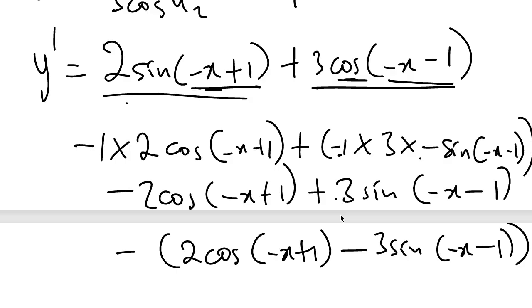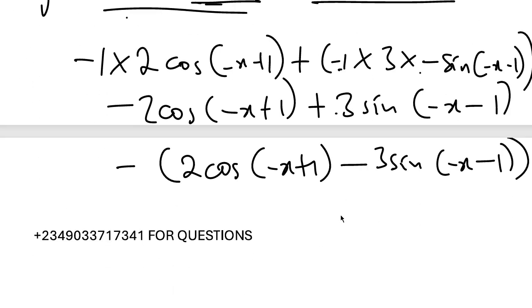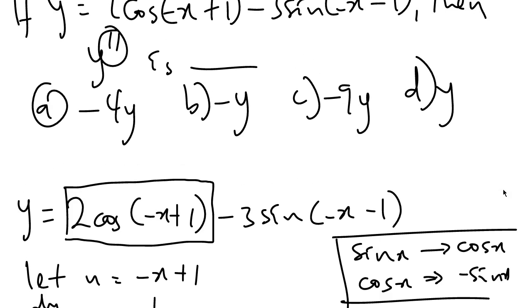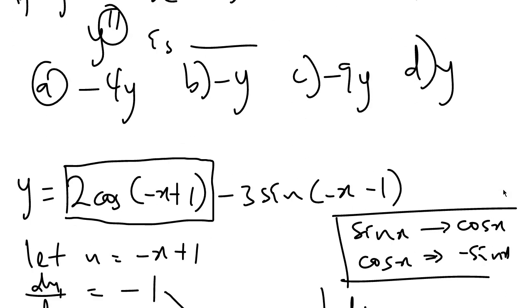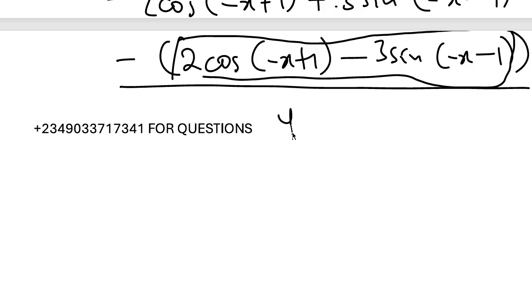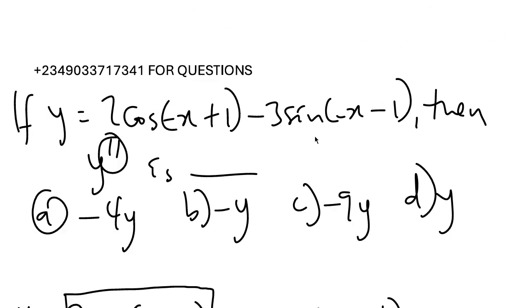And you now recall that 2 cos(-x + 1) - 3 sin(-x - 1), which is what I just got here, is the same as the original function, which is y. So you can now replace that with y. Are you following? The whole of this was the original function given to us. So that implies that the second derivative is equal to minus y. That's the answer to the question, and that is option B.